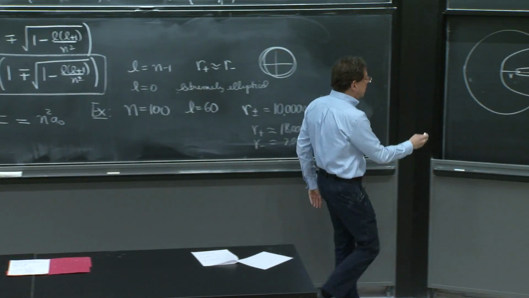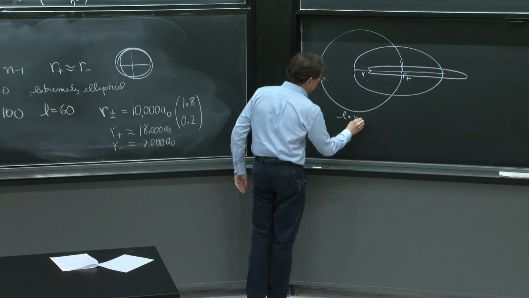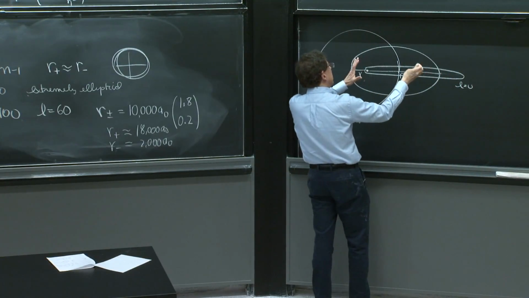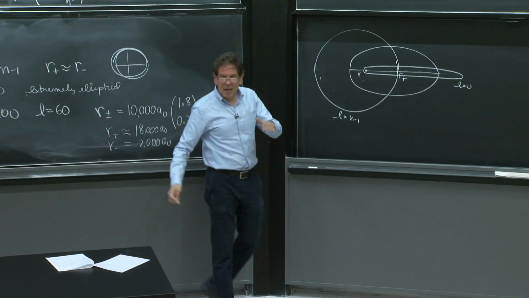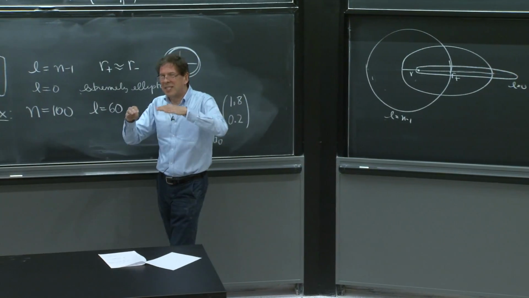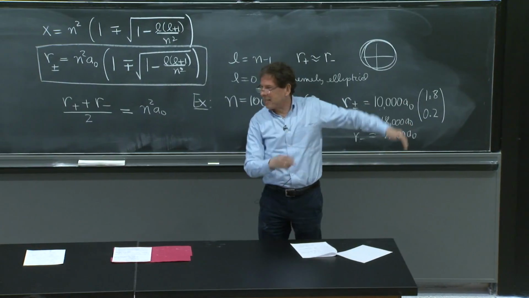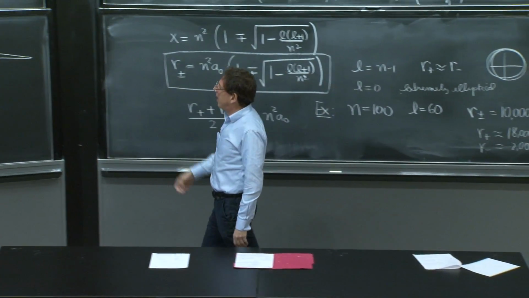This is for L equals n minus 1, and this one is for L equals 0, and all these ellipses are here. And those are all the semi-classical picture of those degenerate states in the diagram of the hydrogen atom.